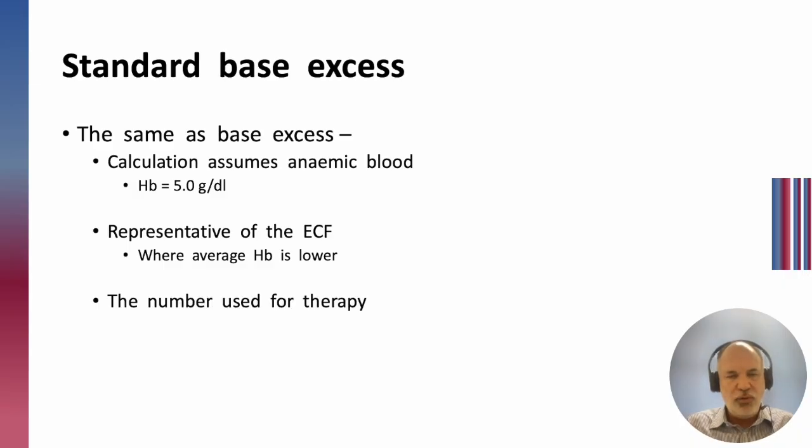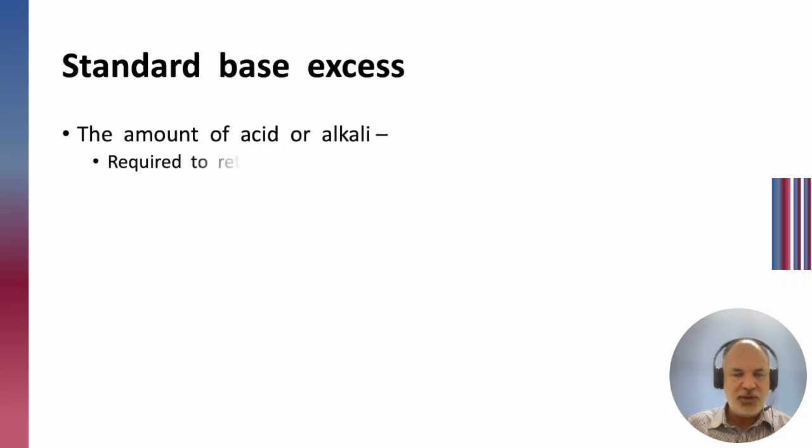And if you want to engage in therapy or adjustment of the pH through the administration of bicarb, then this is potentially the number that should be used for therapy. And by definition then, the standard base excess is the amount of acid or alkali required to return the pH to normal for plasma in vivo.